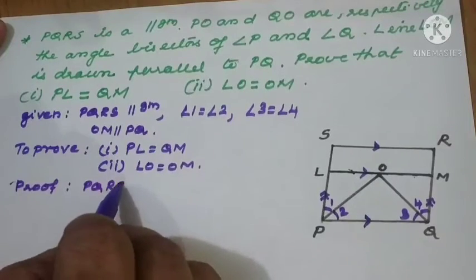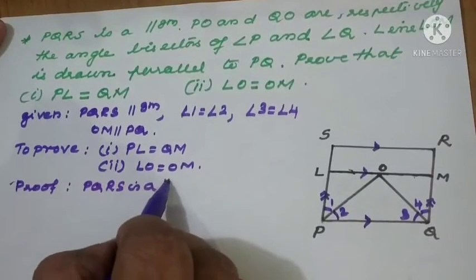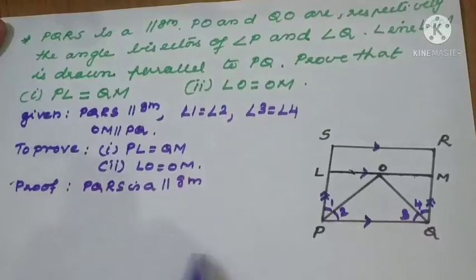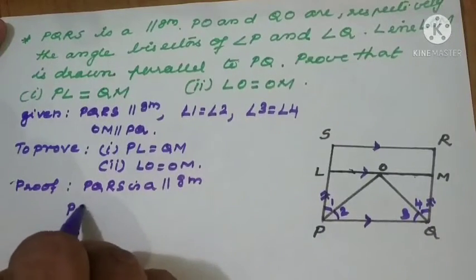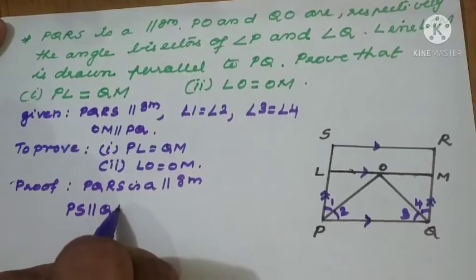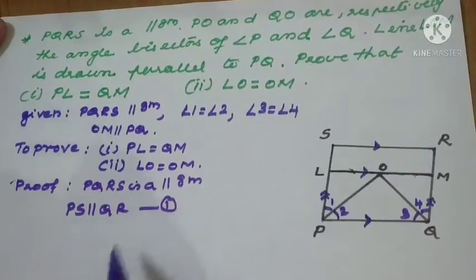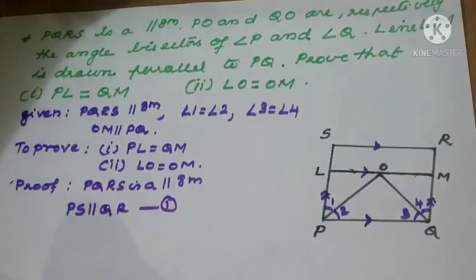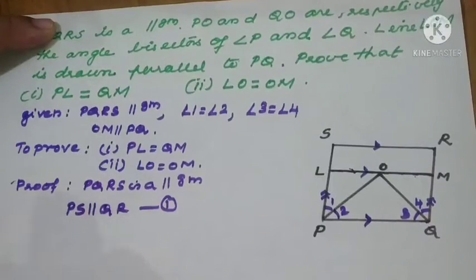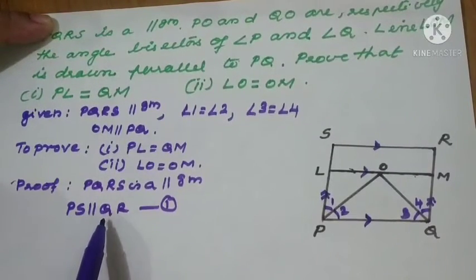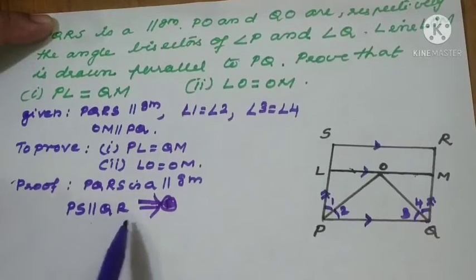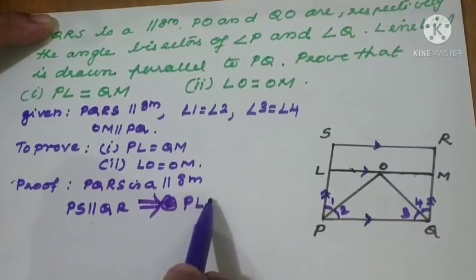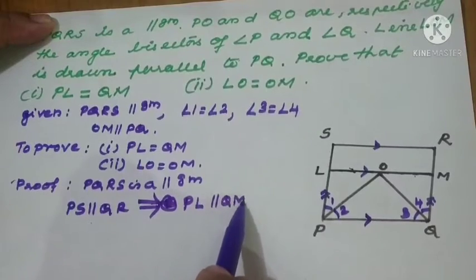PQRS is a parallelogram. That means PS parallel to QR. Right? Also, LM parallel to PQ. PS parallel to QR implies PL parallel to QM.